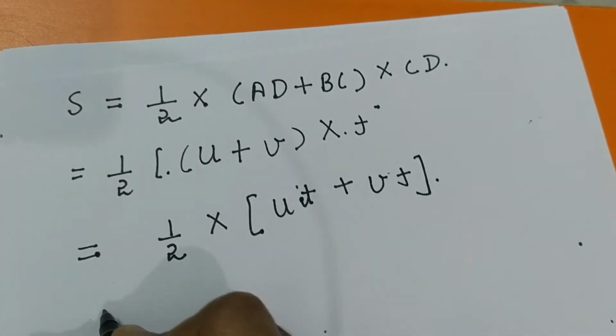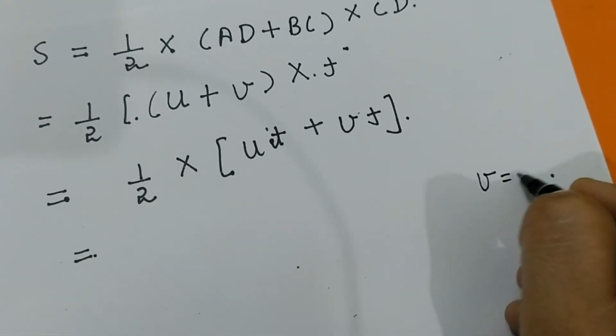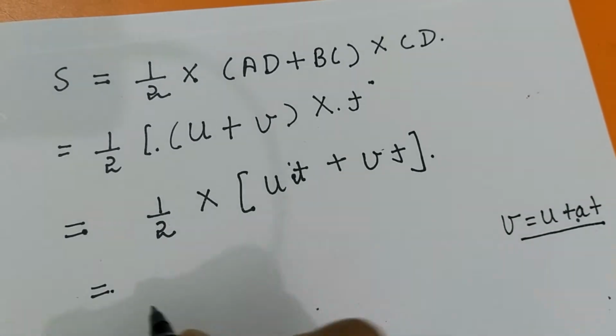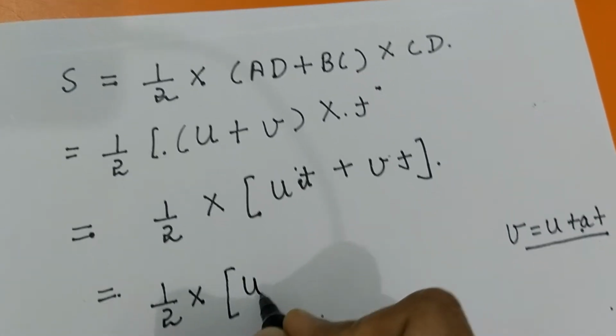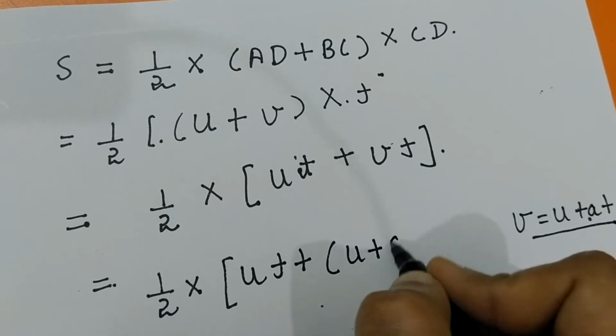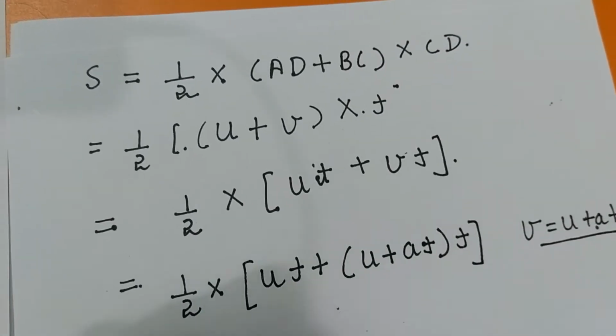In place of v, we will substitute v is equal to u plus at, that is, the first equation of motion. So 1 by 2 into (ut plus (u plus at) into t).